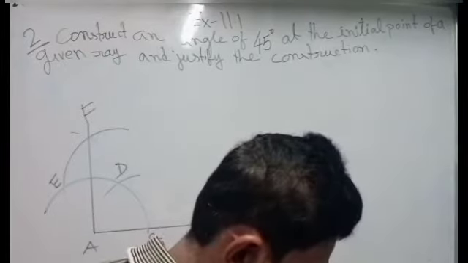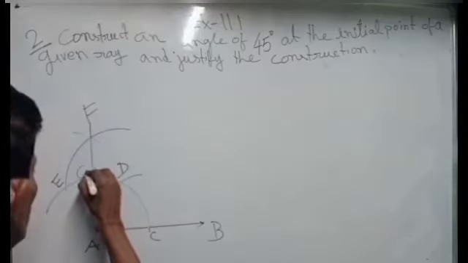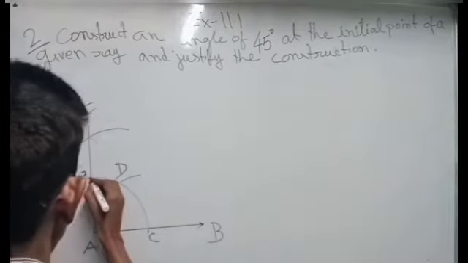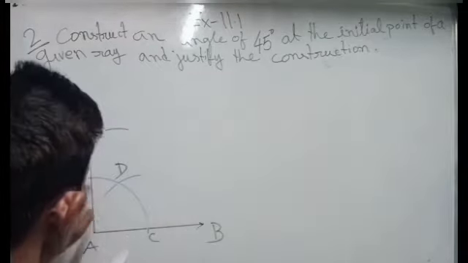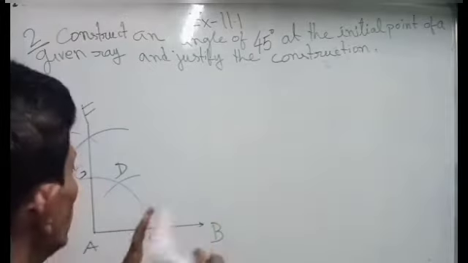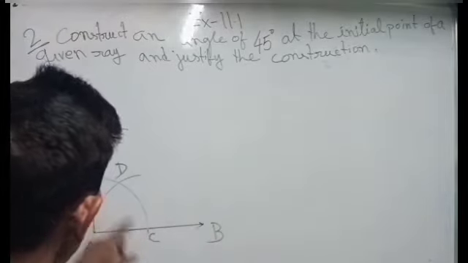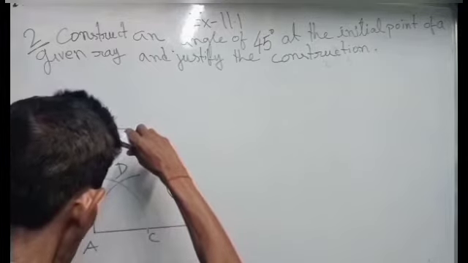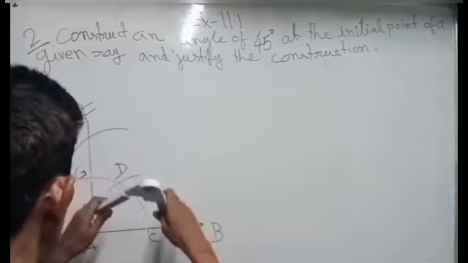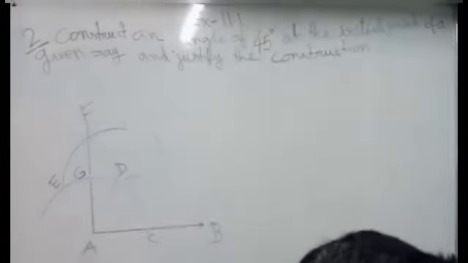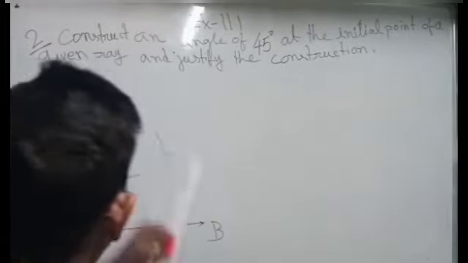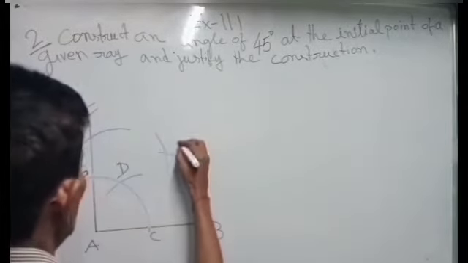Now from G, with a radius more than half of CG, I draw an arc, and C is the center, I have drawn another arc. Both the arcs intersect at M.